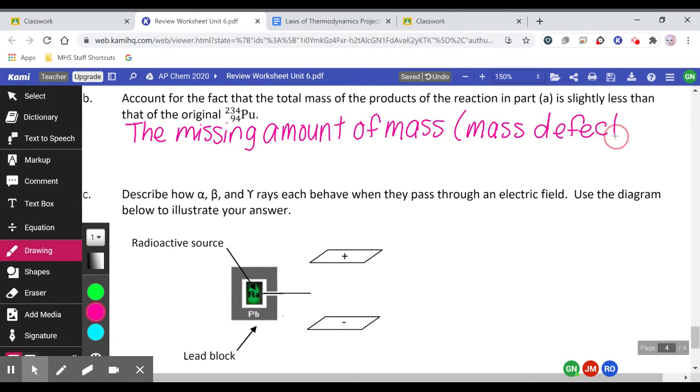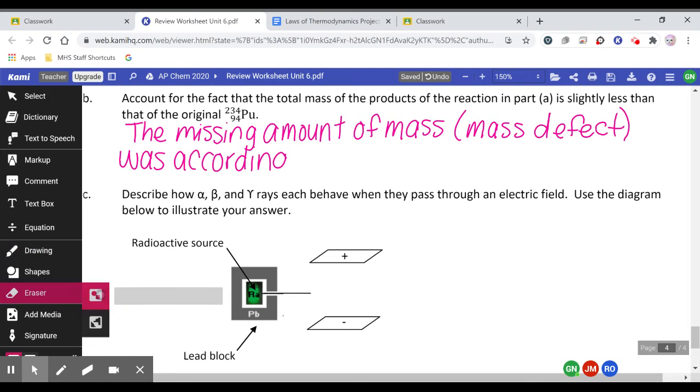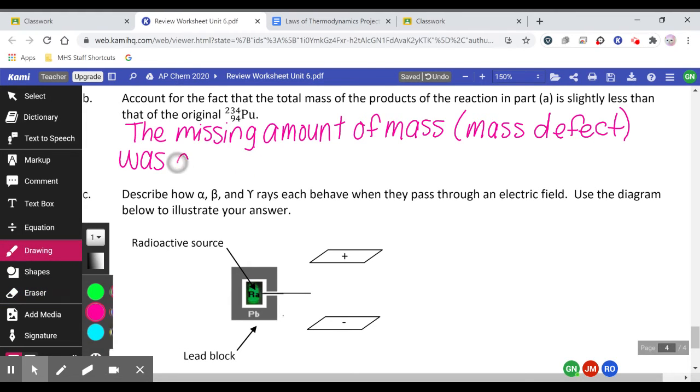May as well use those terms when we can. Was converted into energy. I got ahead of myself, hang on. Was converted to energy.